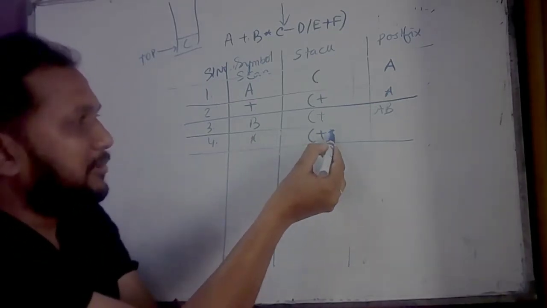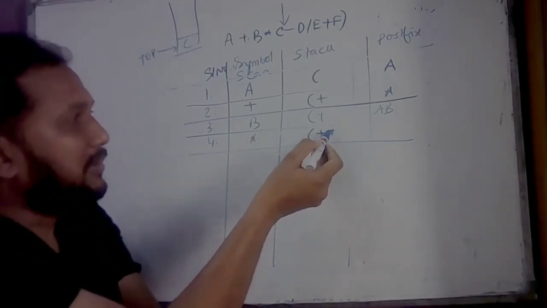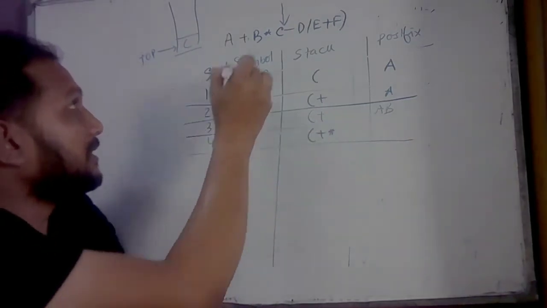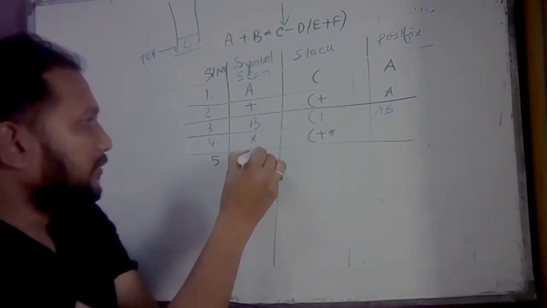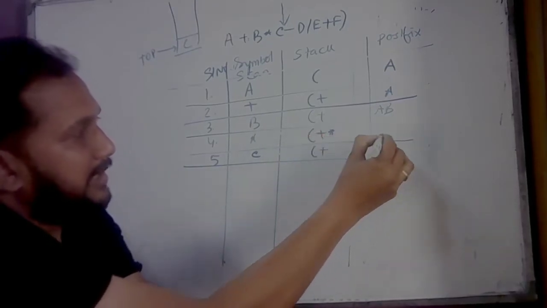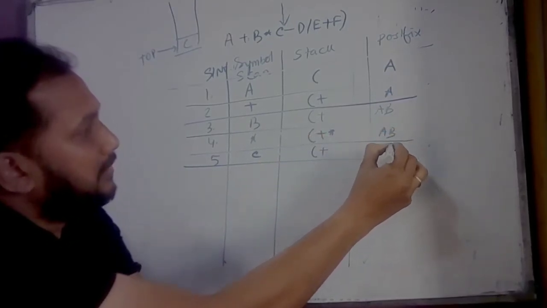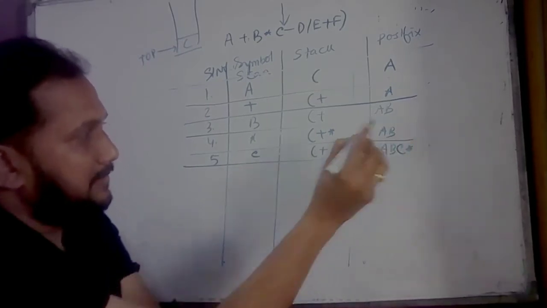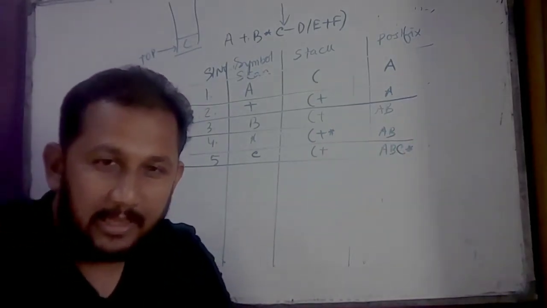As the priority of multiplication is greater than plus, the star is popped and goes to the postfix expression after the C.